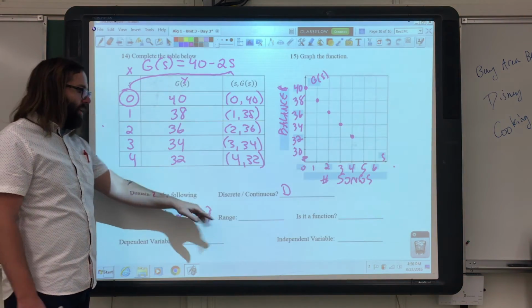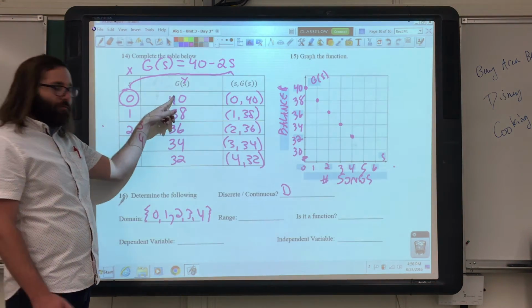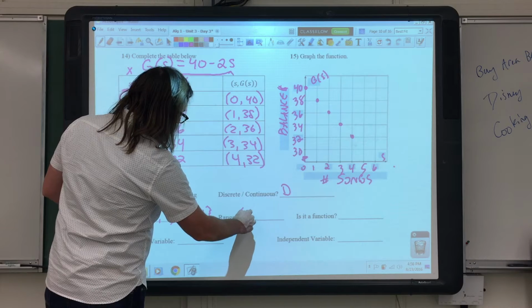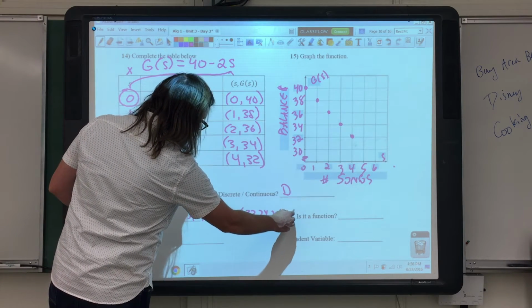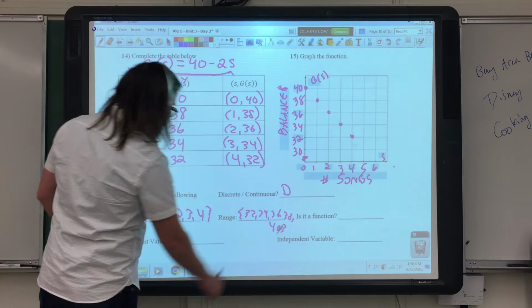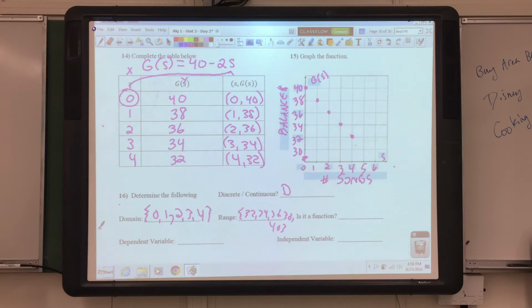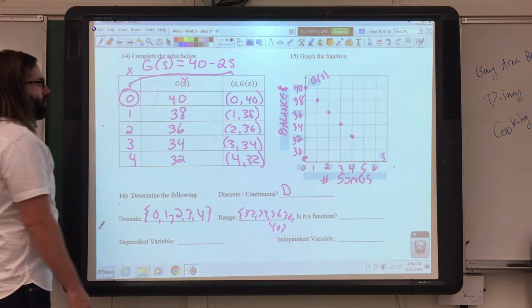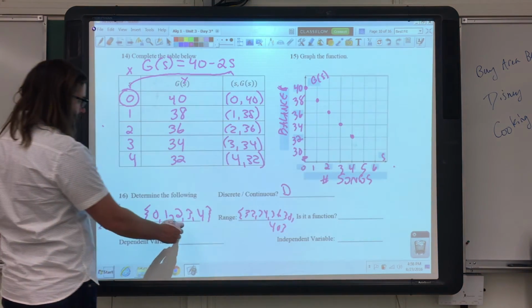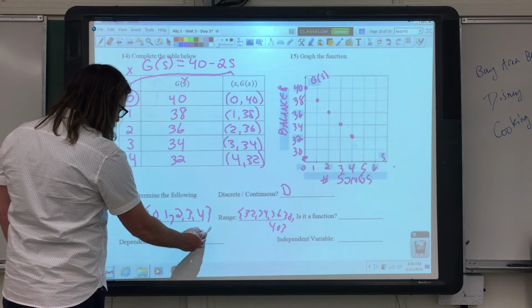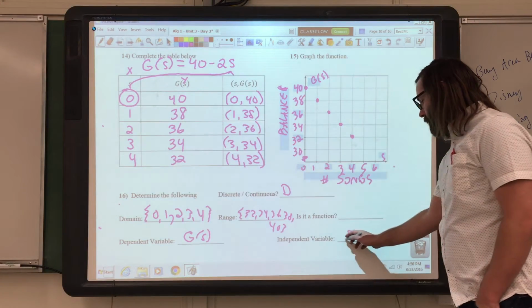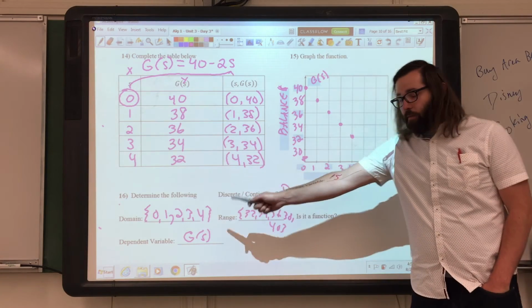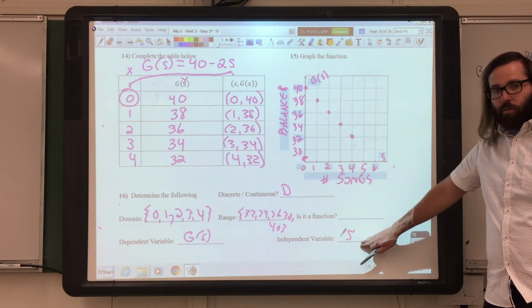Your range is your y value, so we're going from 32 all the way to 40: 32, 34, 36, 38, 40. Our dependent variable we know is the balance, or G of S. And our independent is the number of songs. So you could have written balance, number of songs. That would have worked.